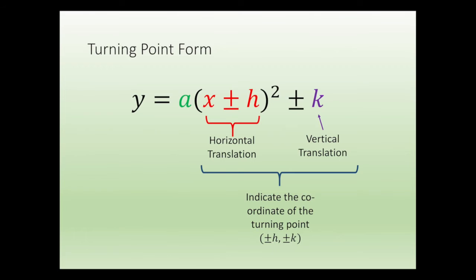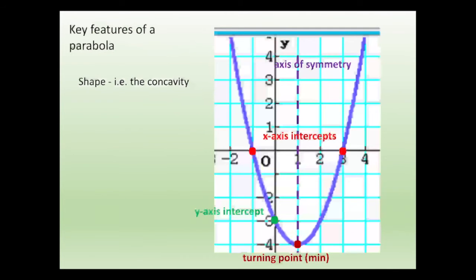Therefore, this is called the turning point form. The a is actually the dilation factor, and it's also a reflection. I will talk a little bit more about dilation factor and reflection a little bit later. At this stage, I want you to concentrate on y equals a into x plus or minus h all squared plus or minus k.